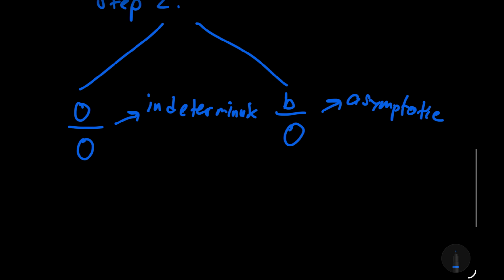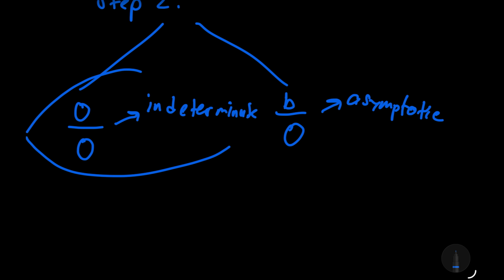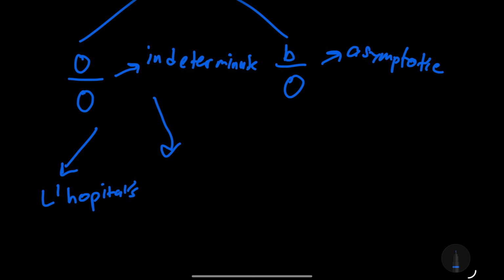Then we have the indeterminate form. Indeterminate basically means that my x values will cancel out in a way and it will give me 0 over 0. This is actually the most interesting form. This is where most of our limit skills will come into play, because over here we can use things like L'Hopital's rule, we can use factoring, and we can use rationalization.